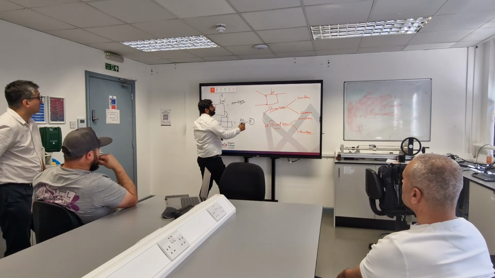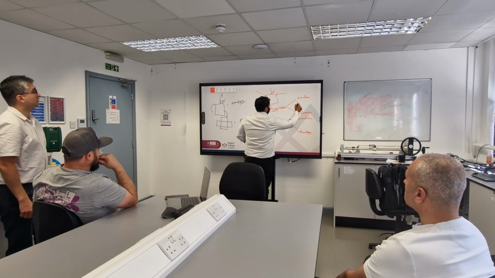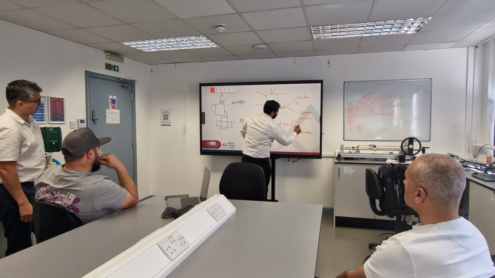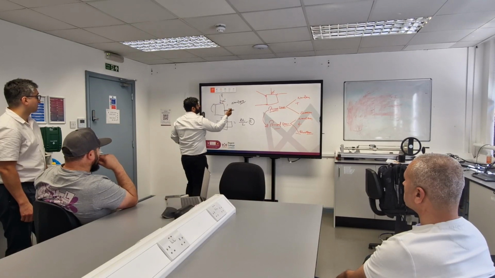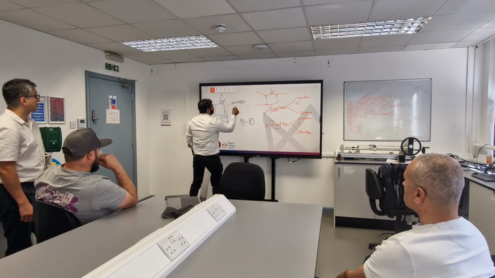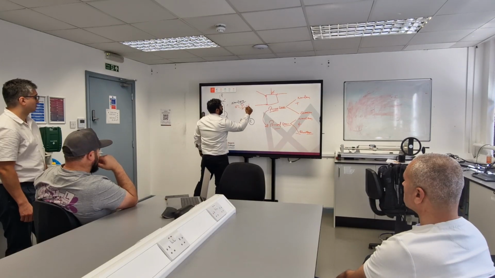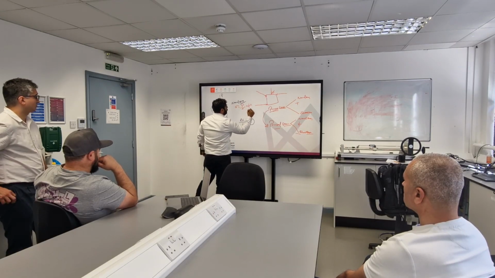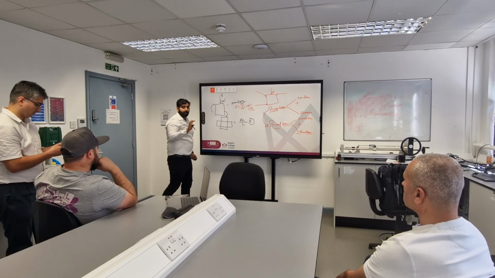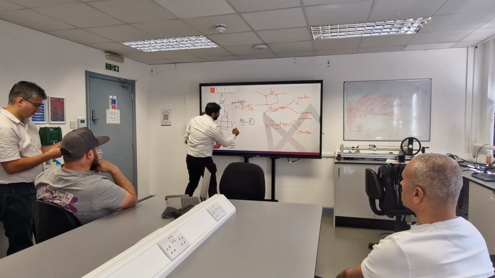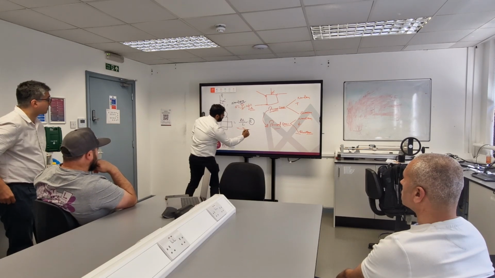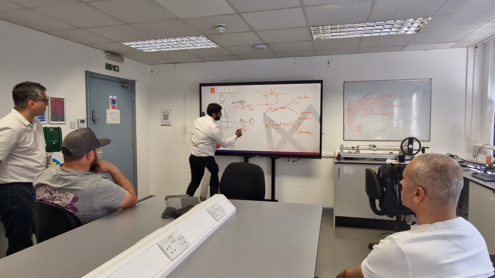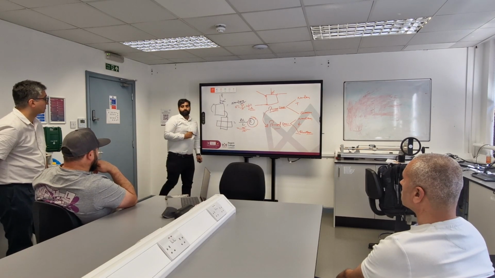And the formula of the normal stress is equal to force per unit area. Units are Newton per meter square, megapascals or pascals, that are covered in the session. And strain is a dimensionless unit because change in length is in meters, original length is in meters, and they cancel out. So this is a dimensionless unit.